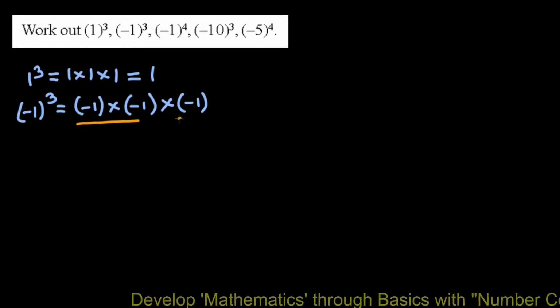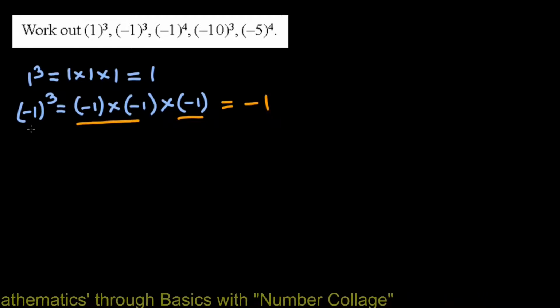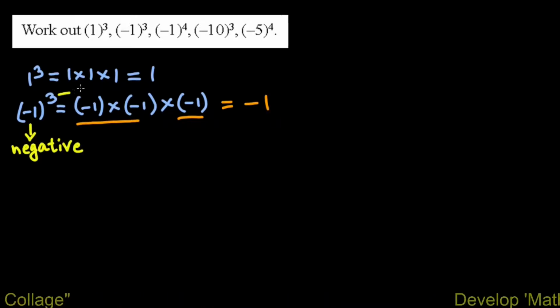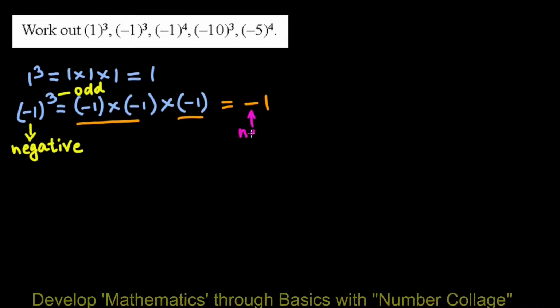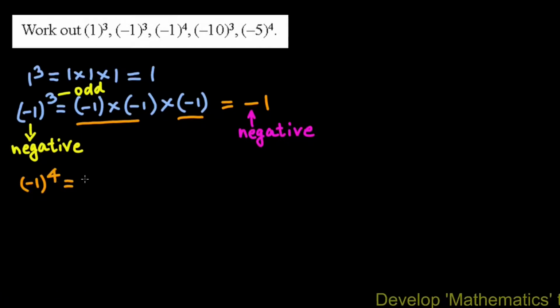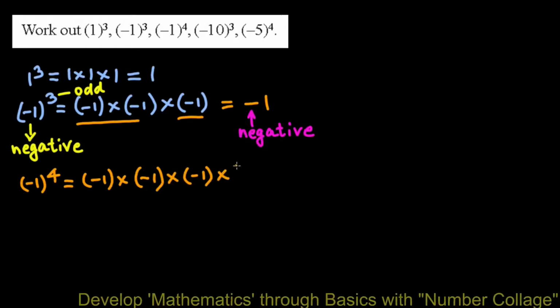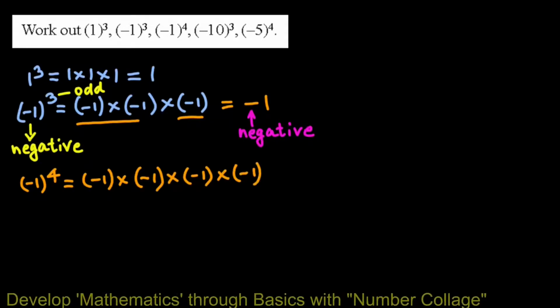Plus 1 into minus 1 will be minus 1. Here we observe that when the base is negative and the power is an odd number, then the answer is negative. Next is minus 1 raised to 4. It will be minus 1 multiplied by minus 1 multiplied by minus 1 multiplied by minus 1, 4 times.